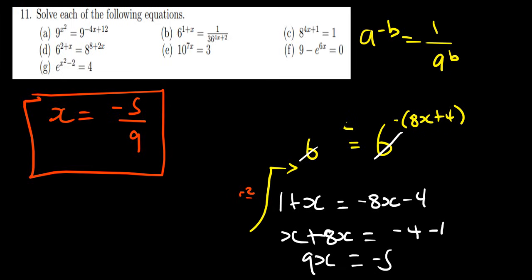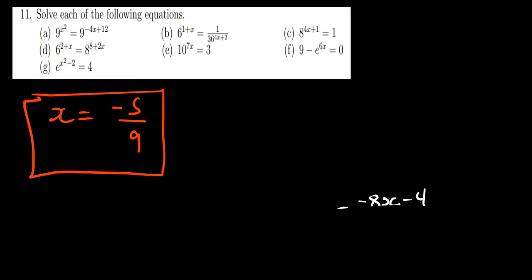Right, let's look at question C. Okay, so question C, we have 8 to the power 4x plus 1 equals 1. So this one here is the simplest, because we know that any number raised to the power 0 is the same as 1.